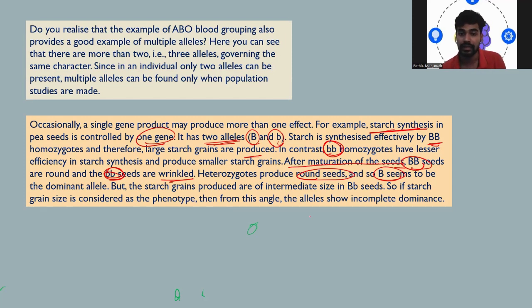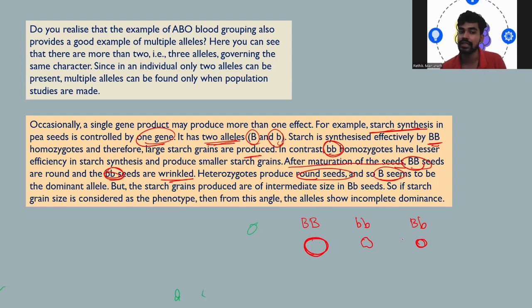With capital B and capital B, we see a round seed with a very good amount of starch, whereas with small b and small b we see a wrinkled seed with less starch. But with capital B and small b, which is heterozygous, we again see a round seed, but it is smaller in size. So intermediate size, that is smaller in size.